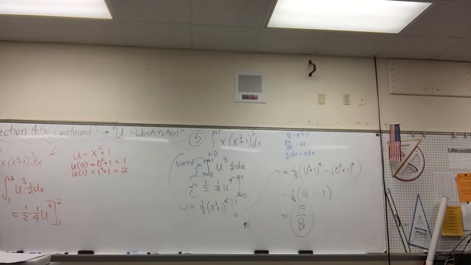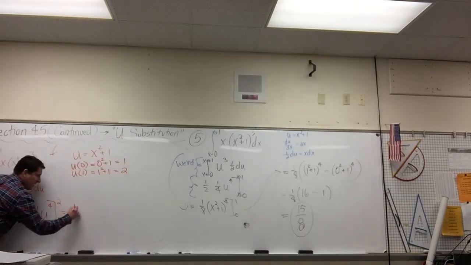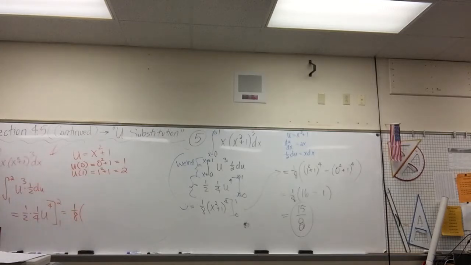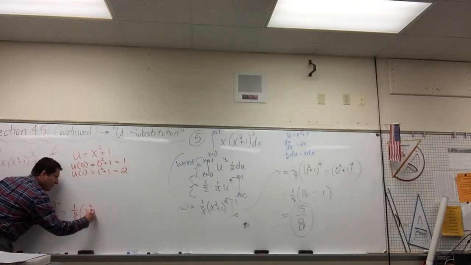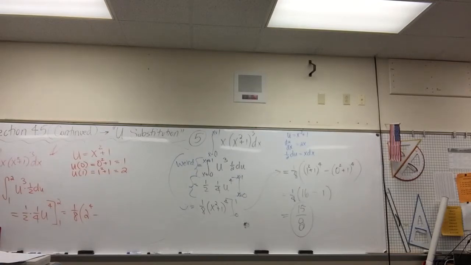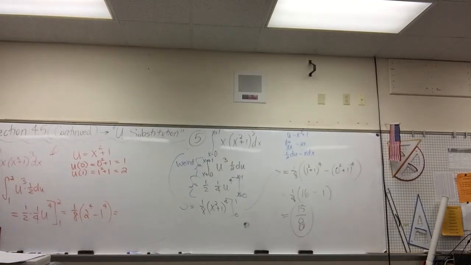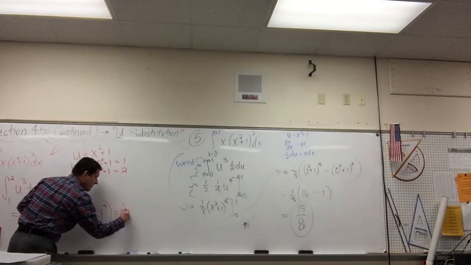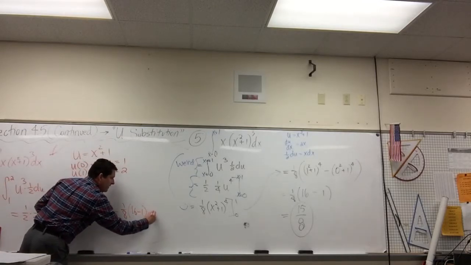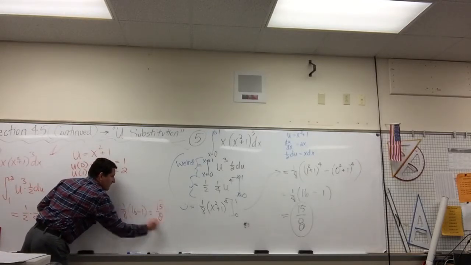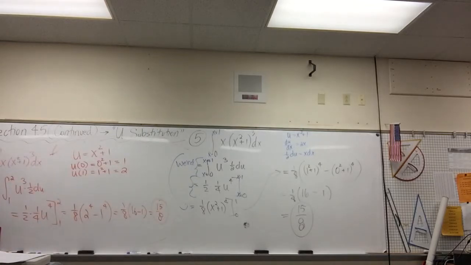So this becomes 1/8 times, because it's 1/2 times 1/4, u to the 4th means 2 to the 4th minus 1 to the 4th. And the answer is the same. 16 minus 1 is 15/8. The final answer is the same, even though how we got there was 2 different ways.